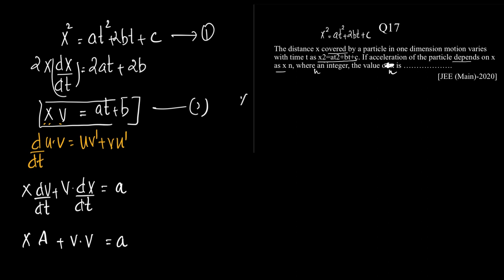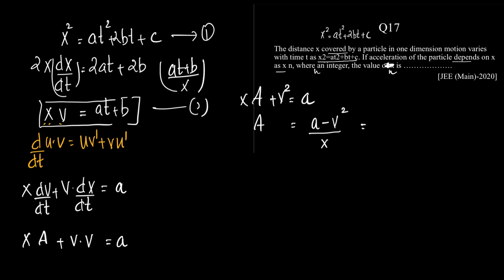So we get the equation right. x into capital A plus v square is equal to a. So what is capital A from here? Capital A from here is a minus v square by x. Now what is v? v from 1 is at plus b the whole upon x.